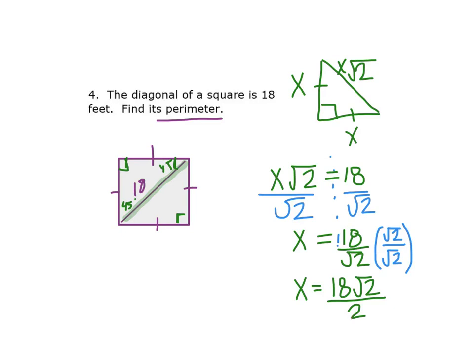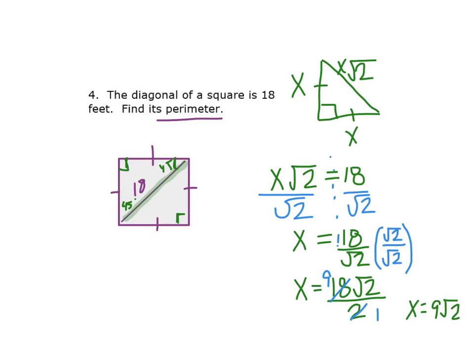And then once again, we don't want to leave our answer like this either, because our 18 over 2 can be reduced. 2 goes into 2 once and 2 goes into 18 9 times. So our final value of x is going to be 9 square root of 2.